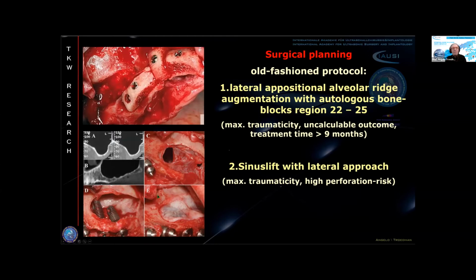That means all the bone area here with the lateral approach sinus lift is disconnected from nutrition. And simply by disconnecting the nutrition from the bone, you will have procedural resorptions, because the blood vessels need to reconnect until the bone is perfused again. And in the meanwhile, you will have resorptions. So, of course, this is not the way this kind of surgery should be done nowadays.